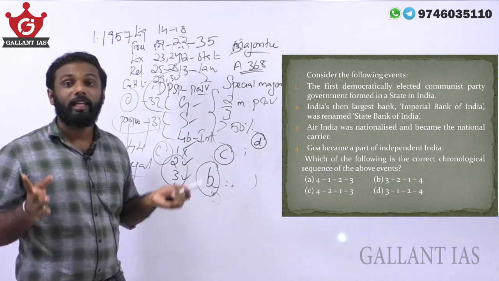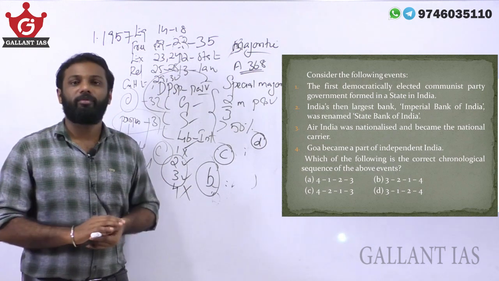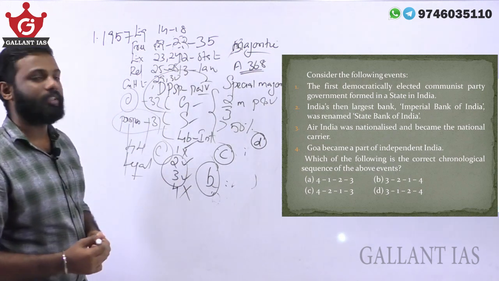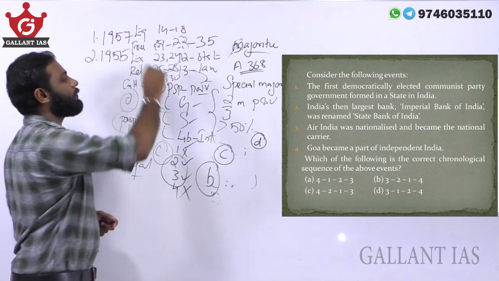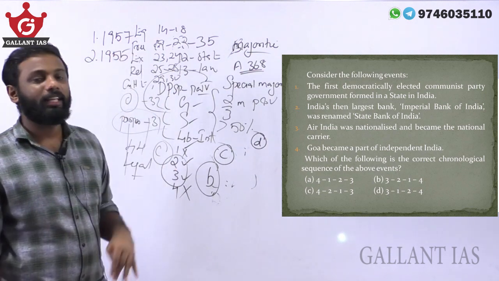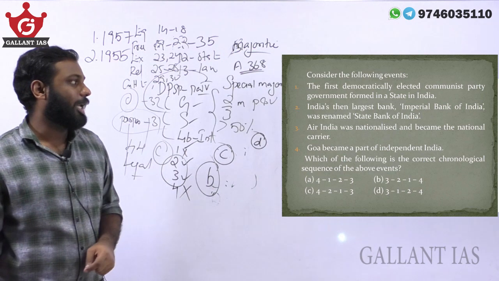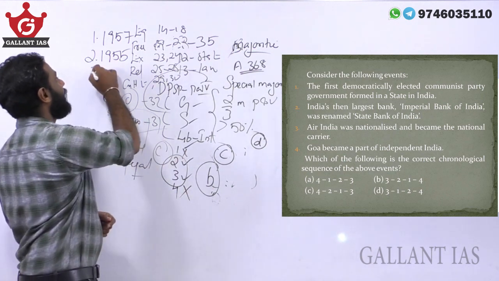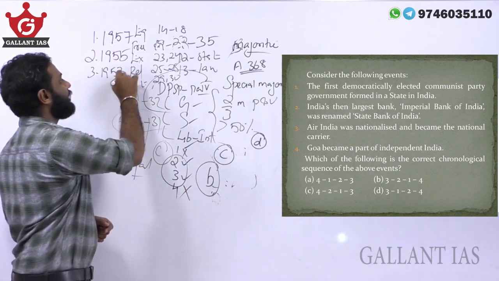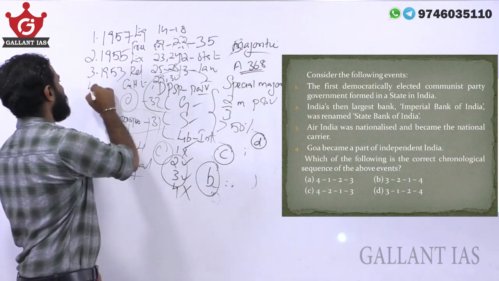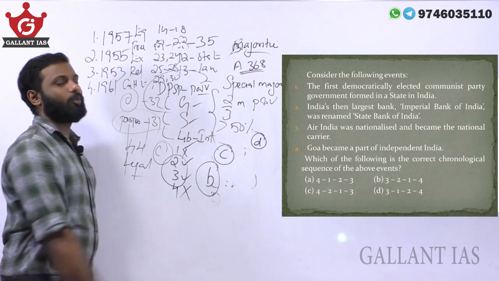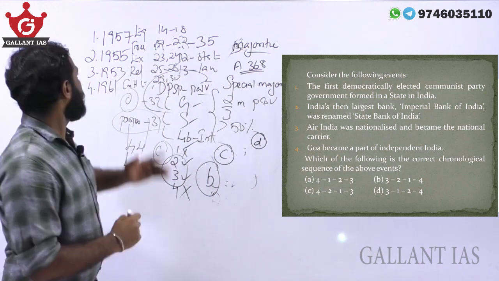The earlier name of State Bank of India was the Imperial Bank of India, and it was renamed in 1955. Regarding 3, Air India was nationalized and became the national carrier in 1953. And 4, Goa became a part of independent India in 1961.